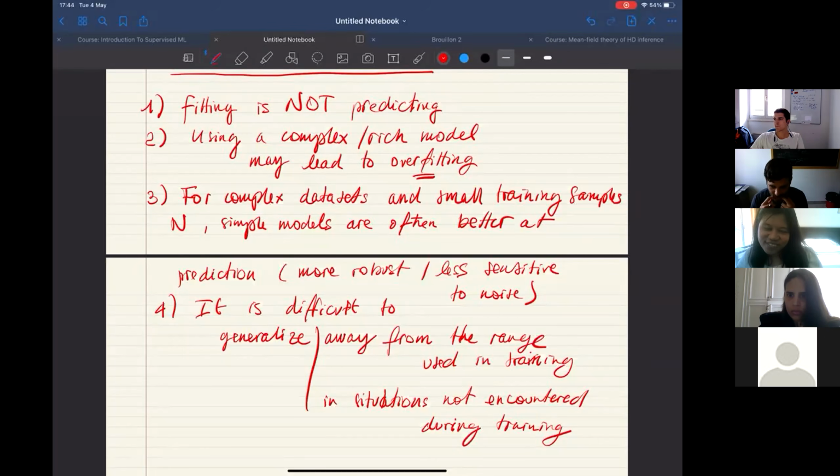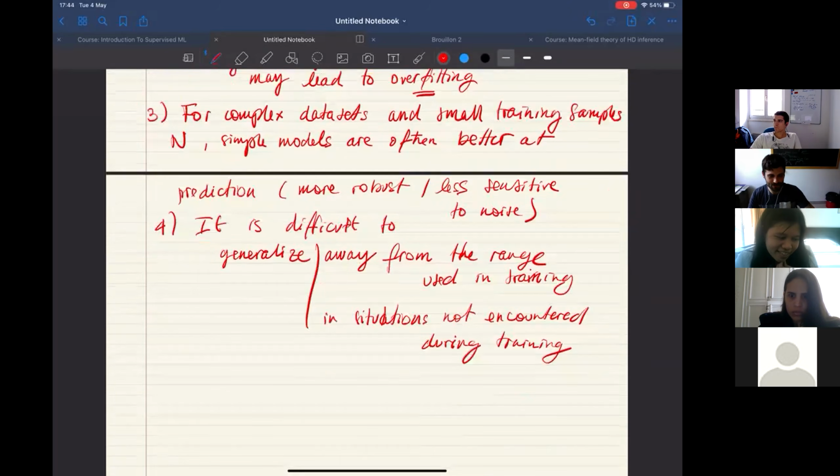The performance of the 10th order polynomial will be better. I didn't catch the middle of the sentence. So if, no, if your hypothesis class is a 10th order polynomial, yes. But we add a term for the noise.